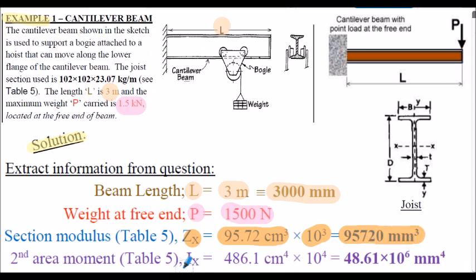And also from table 5, the second moment of area about the x-axis was 486.1 centimeters to the 4, and we know we have to multiply that by 10,000 or 10 to the 4 to convert to millimeters to the 4. So that's 48.61 times 10 to the 6 millimeters to the 4. So there are our section properties extracted from our standard in table 5, converted into the appropriate unit for the calculations.